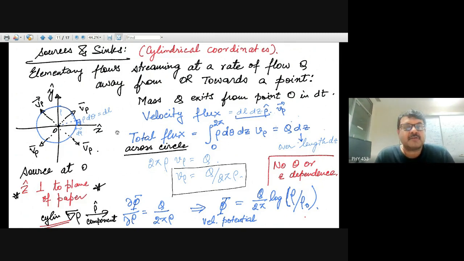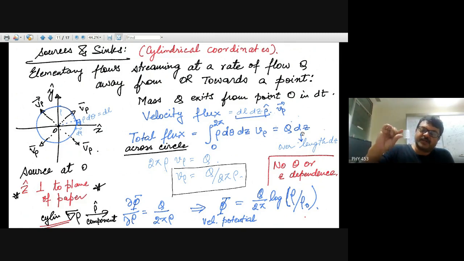And so total flux, the volume which is being transported out, of course you can multiply by the density of the fluid to get the mass flux. But so v rho into rho d theta into dz is equal to q into dz.